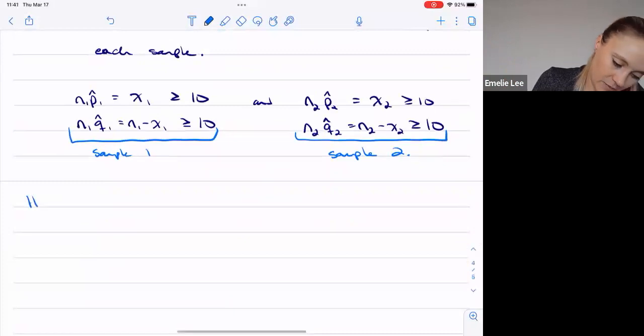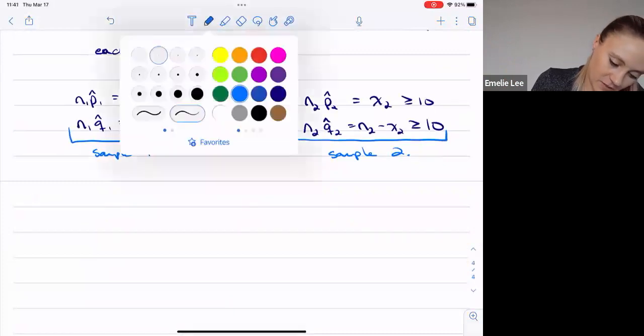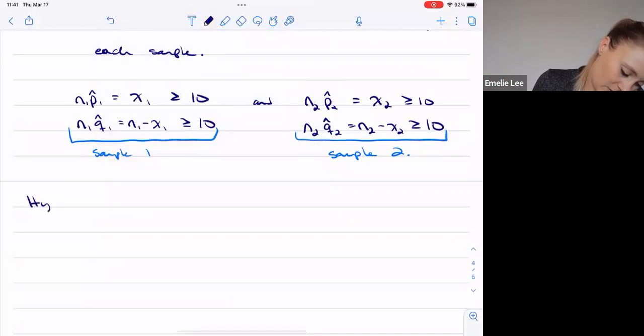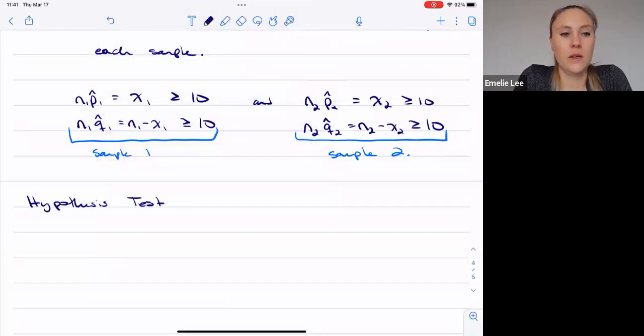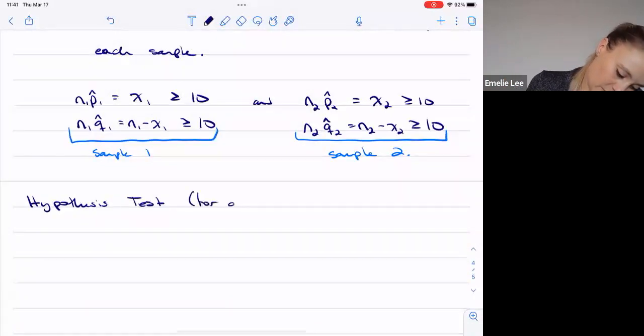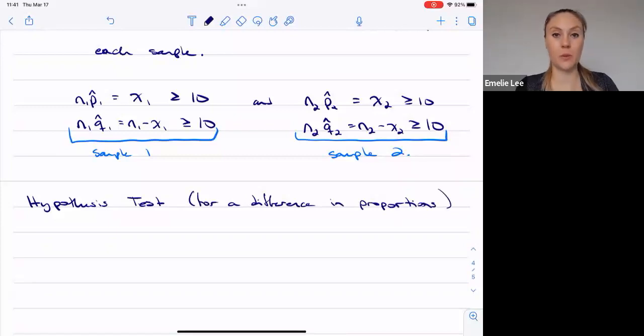So for a hypothesis test for a difference in proportions, that's a 2 sample proportions question, which is going to analyze the difference in proportions.